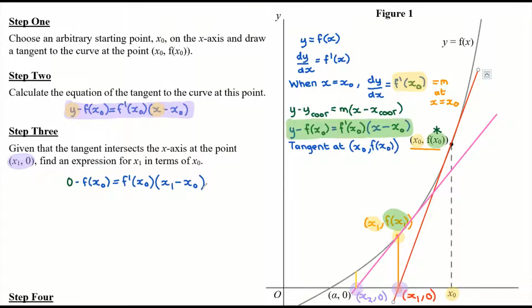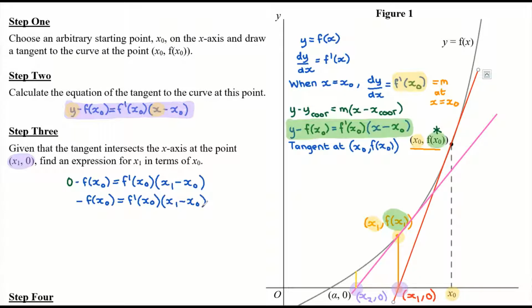Okay, and it asks us to find an expression for x1 in terms of x naught. Oh, well, that's okay. The 0 is just irrelevant, so it's going to be negative f of x naught is equal to f dash of x naught multiplied by x1 subtract x naught.